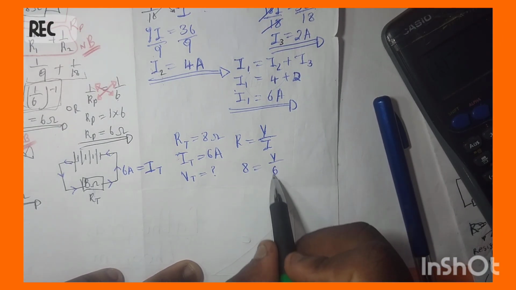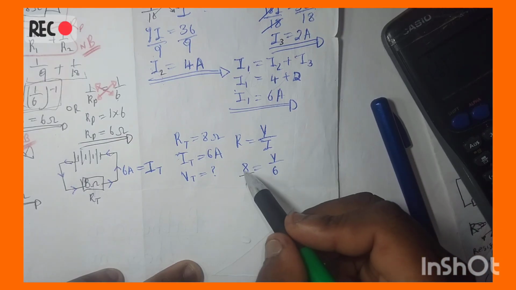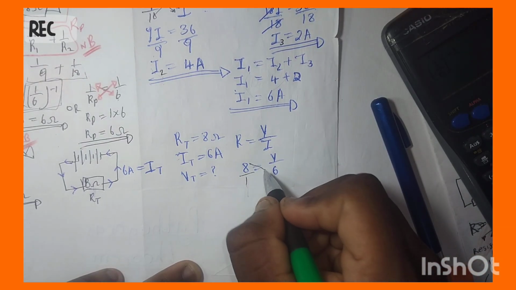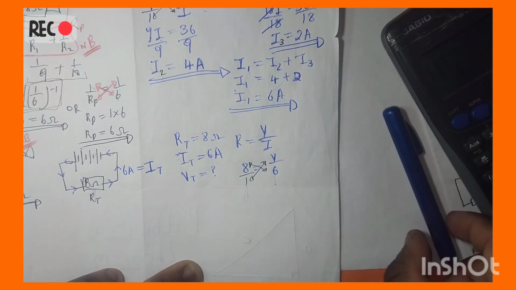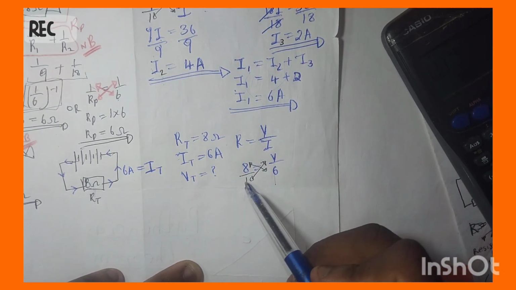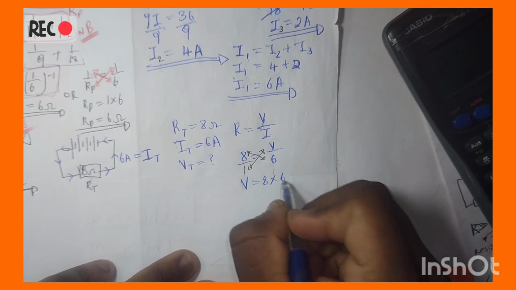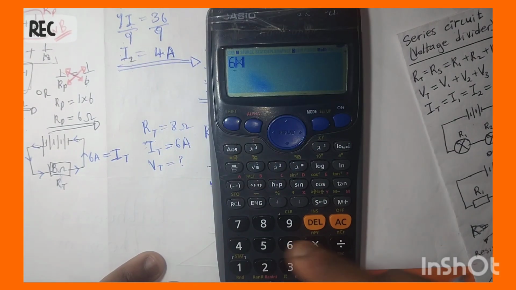So here we have a fraction. Here we can put an invisible one, so that we will have a fraction and a fraction. Then we can cross multiply. These two will multiply each other, those two will multiply each other. Meaning that V multiplied by 1, you will still get V there. And 8 will multiply by 6, so for your final answer, press 6 multiplied by this.